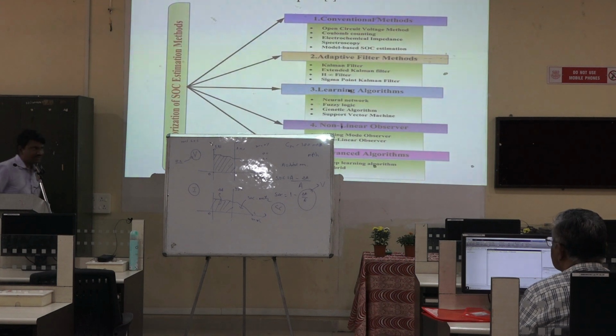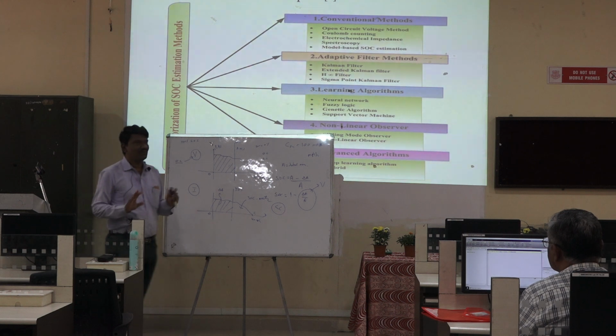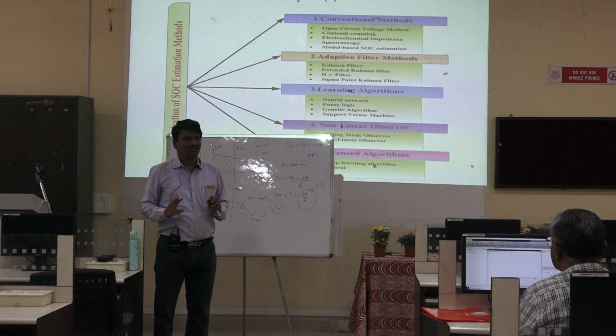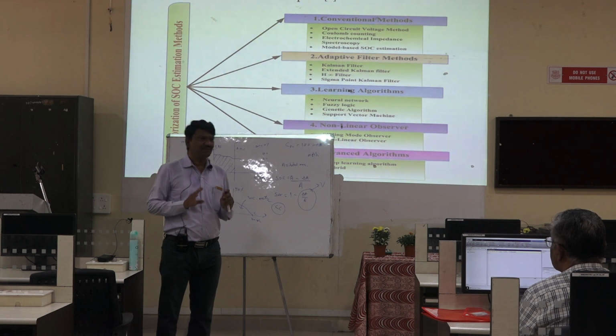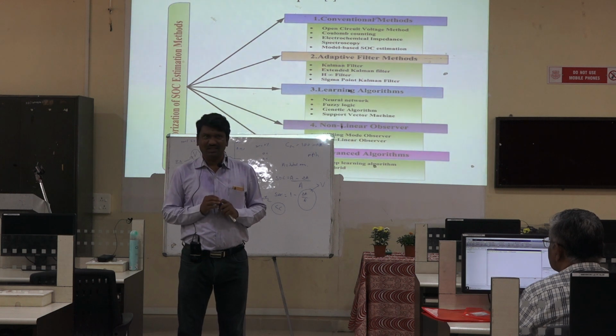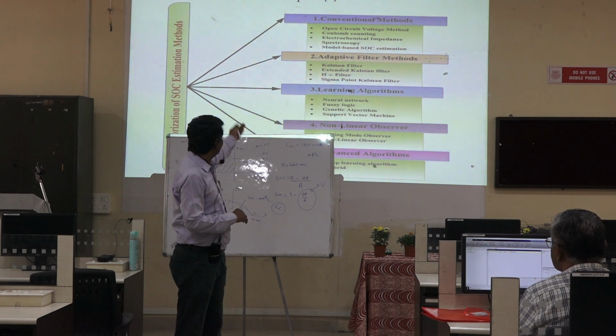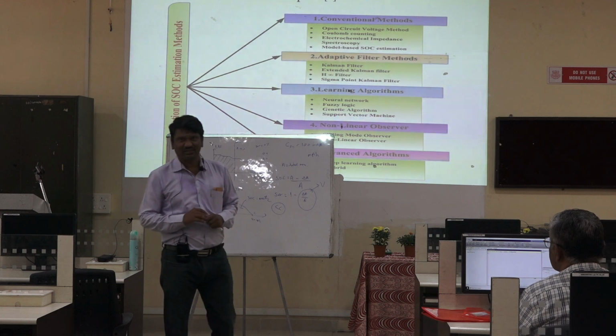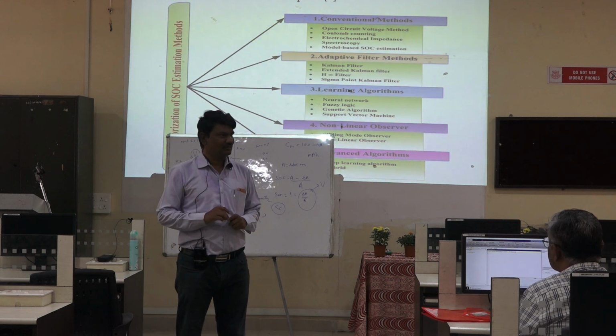So the conventional methods are extensive lab work methods. We require a lot of lab work. We require minimum 15 days of lab work to have a particular value of SOC, and then using the methods we can estimate in online estimation.